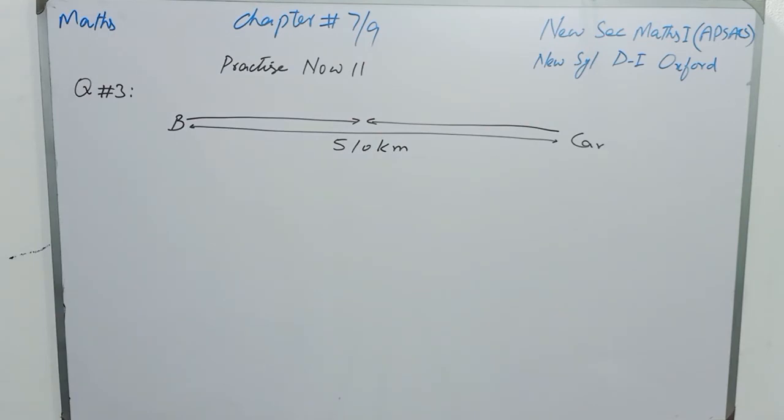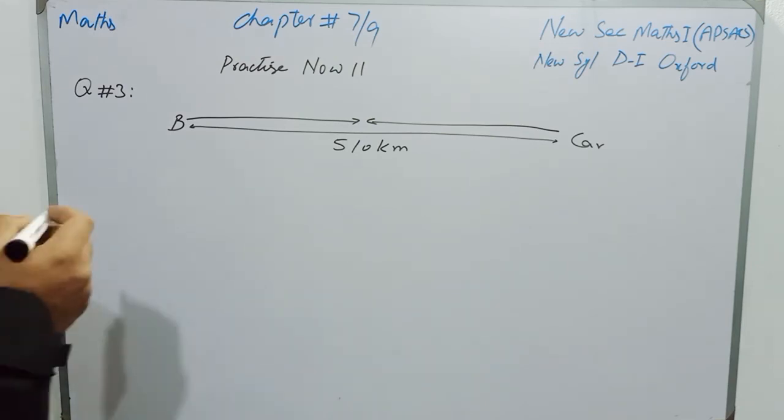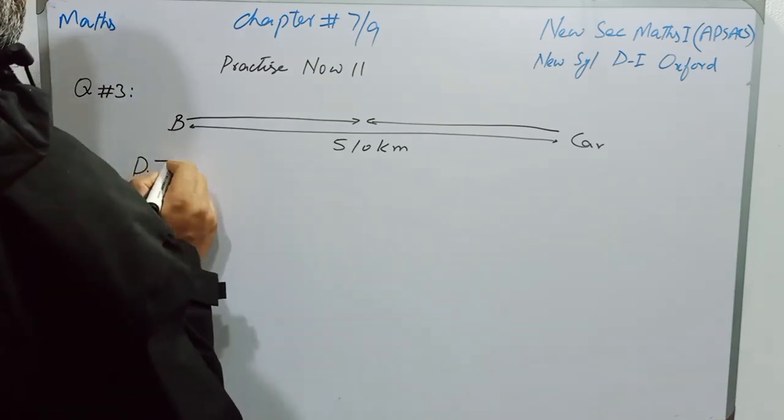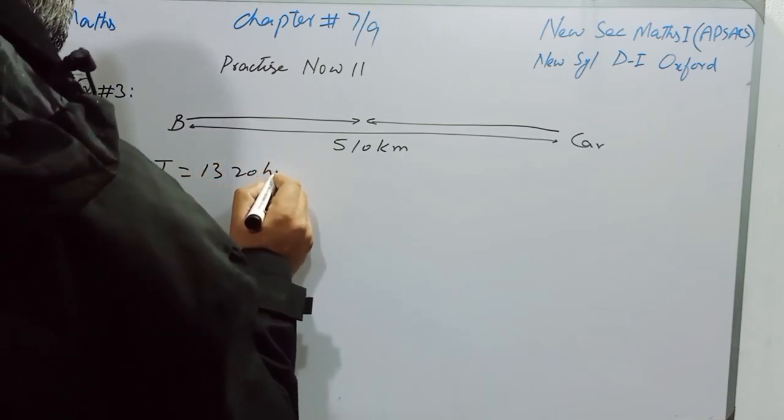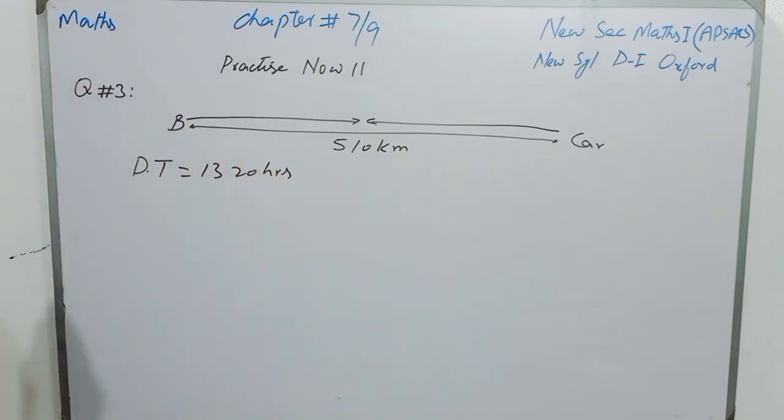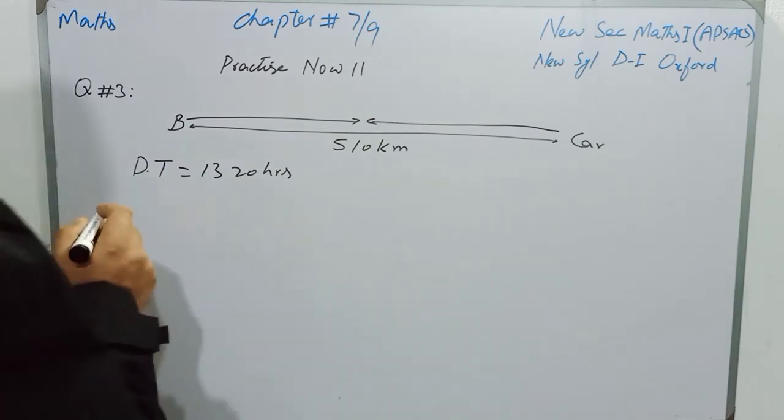So students, they are 510 kilometer apart at 13:20. So students, departure time is 13:20 hours, and they pass each other at 16:20.